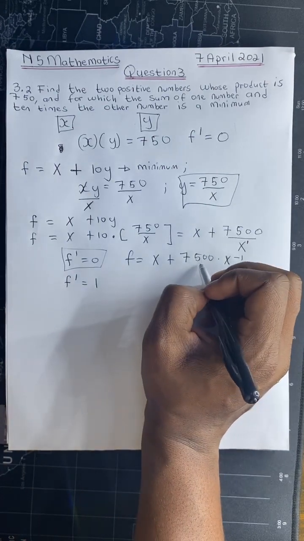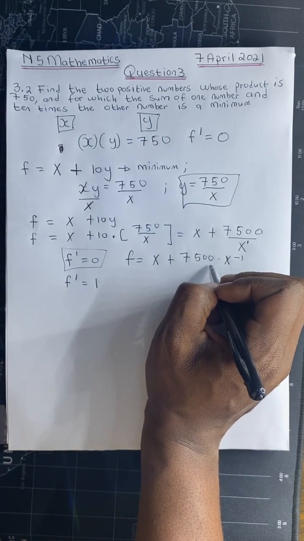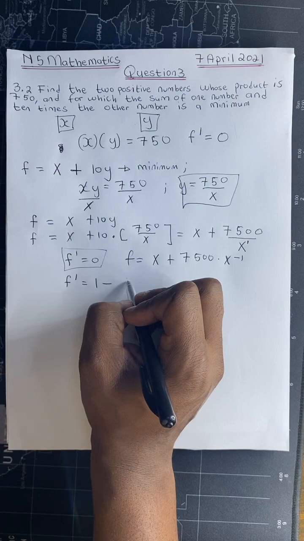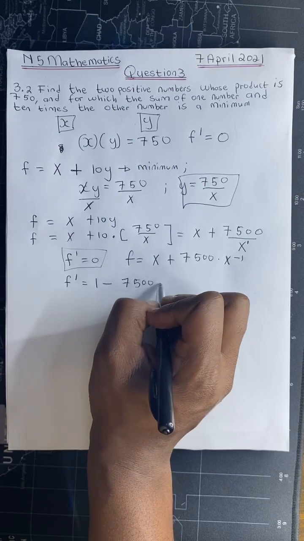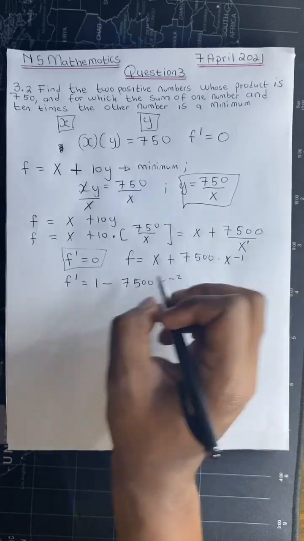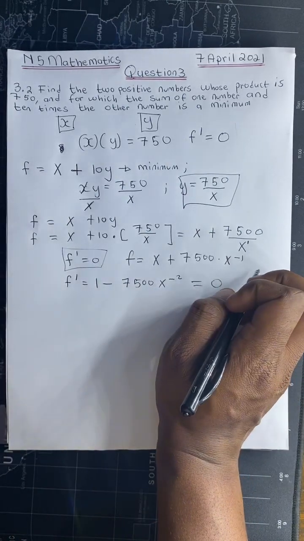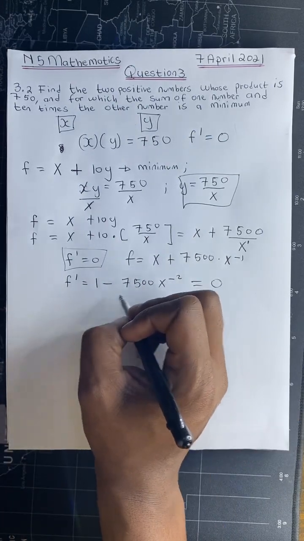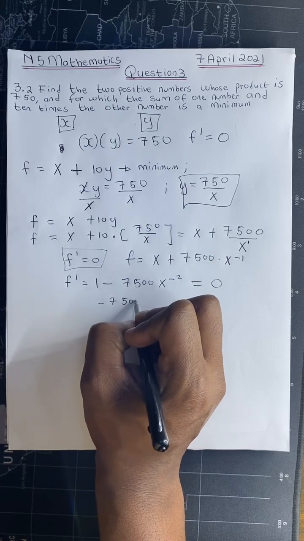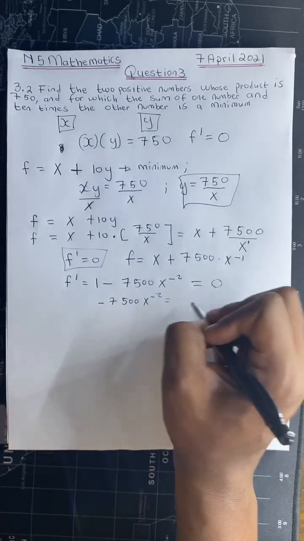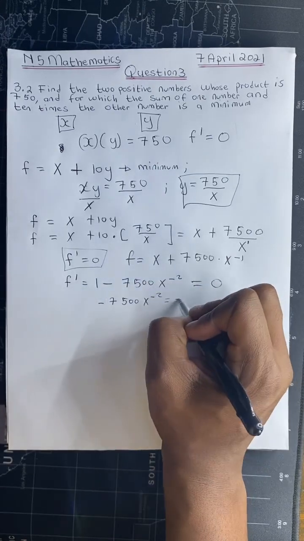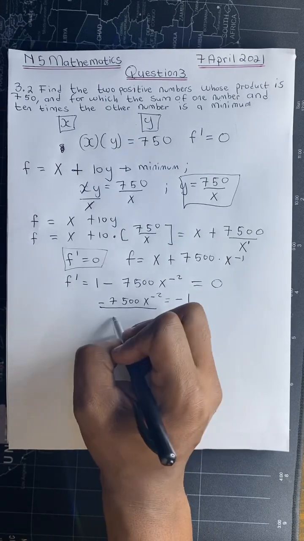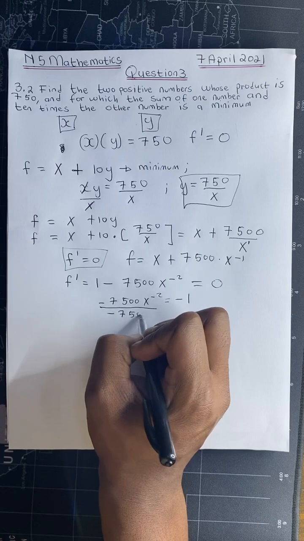The derivative of 7,500 multiplied by x to the power -1 will be equal to -7,500 multiplied by x to the power -2, and we equate it to 0 so that we can get our minimum. We take this 1 to the right, it's going to change sign from +1 to -1, so we divide both sides by -7,500.